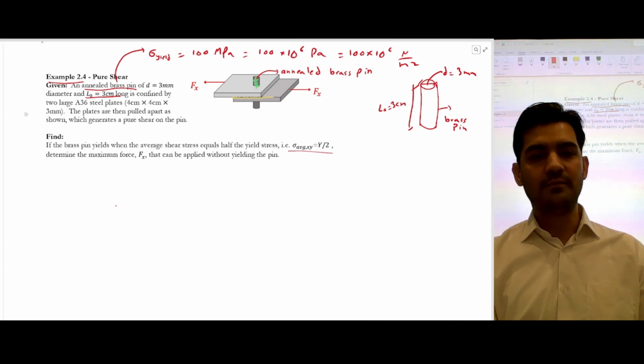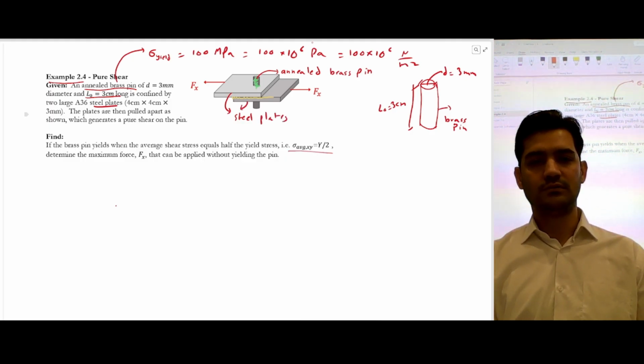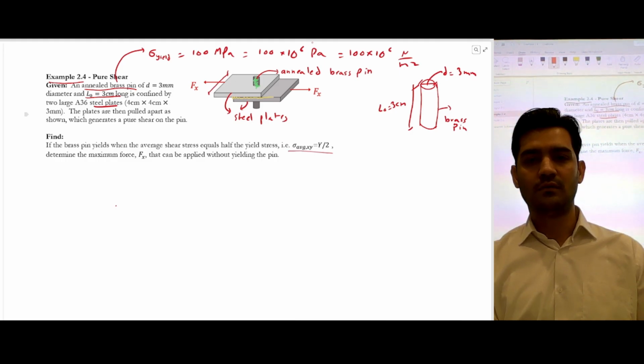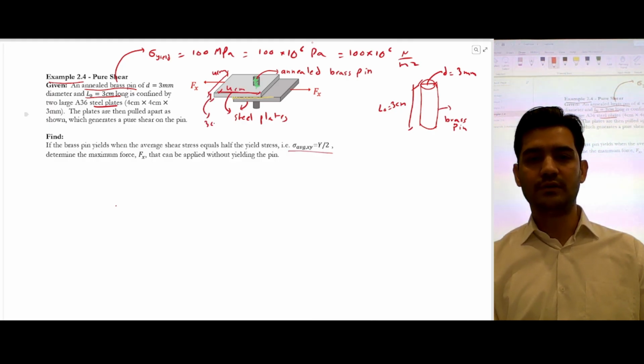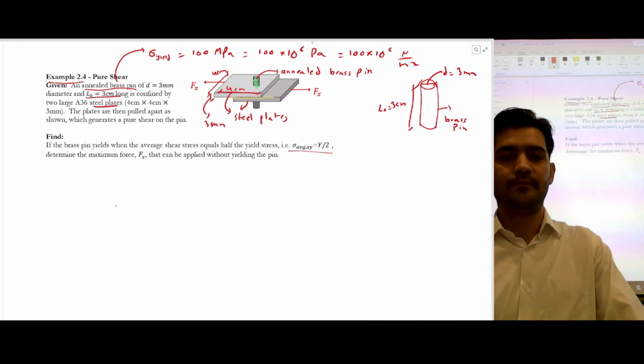And it is confined by two large steel plates. So it's actually inside these two steel plates. We are given the dimensions of the steel plate, which is 4 centimeter. This dimension is also 4 centimeter. And the thickness is 3 millimeter. These are the dimensions of the steel plates.